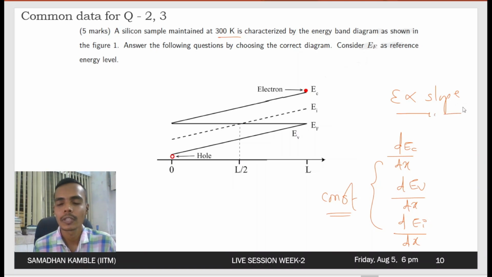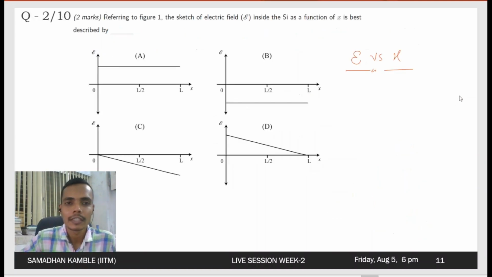So as the slopes are constant, you can see from the options that option A best describes our variation of electric field with distance. So because of the constant slope, you can say our electric field remains almost constant as a function of distance. So the answer is option A.